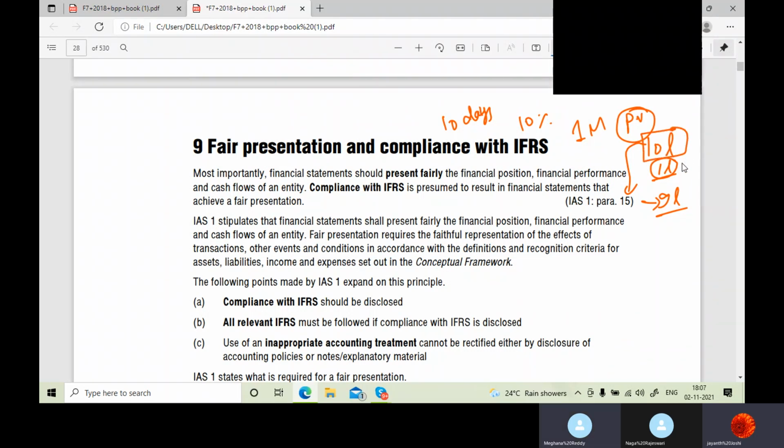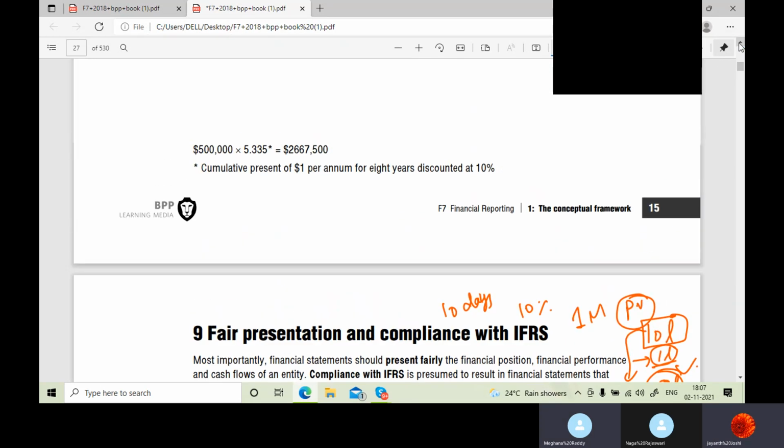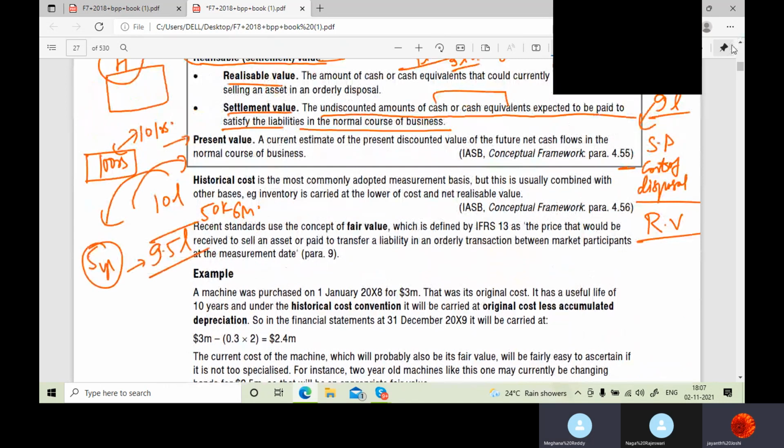I need to make the payment. I'm asking you for a discount. If I make early payments or settle this payment early, what kind of benefit are you going to give me? You said I'm going to give you a benefit of 1 lakh. So my settlement value is how much? I settled my debts for 9 lakhs. That's it. I settled my debt for 9 lakhs.